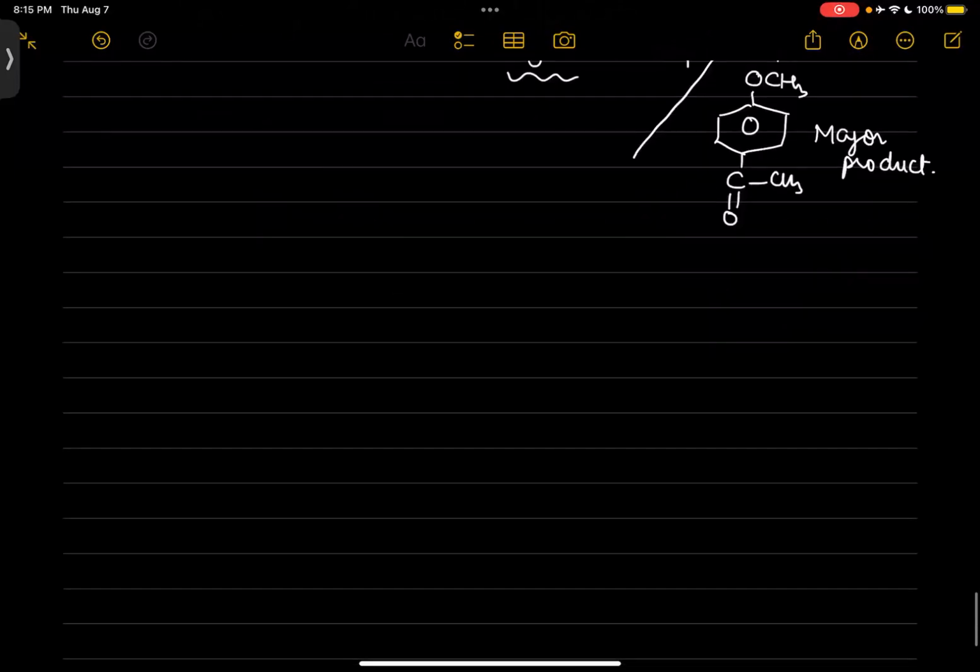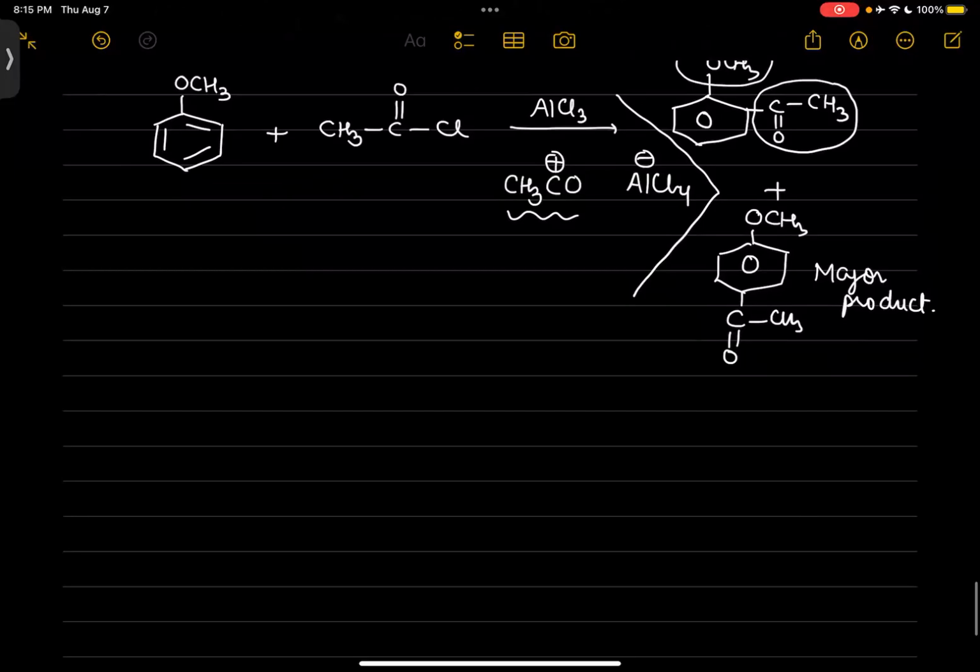So let's do another question. Another reaction, and this reaction is the nitration. How do you do the nitration of benzene, and what do you mean by nitration?